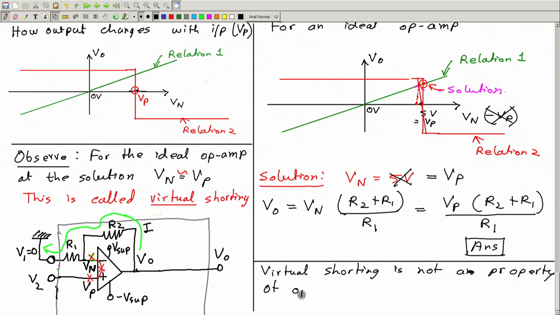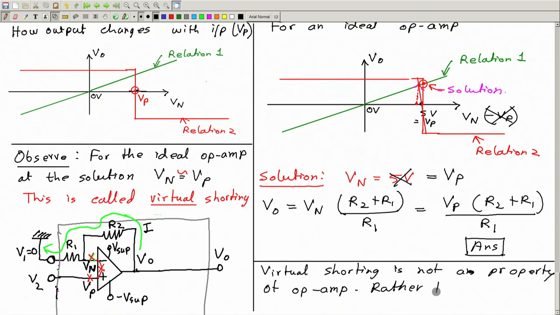Rather, it's a property of the entire circuit, everything together. If you just have an op amp with, say, this resistance, and these connections are not there, do not say that Vp and Vn will always be the same. But it is true for this particular circuit.